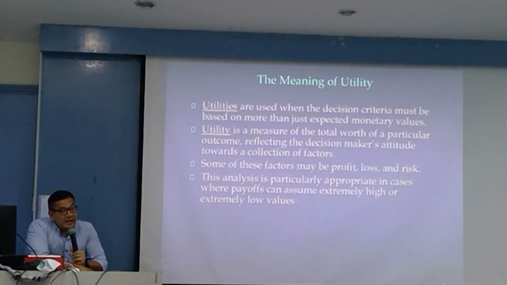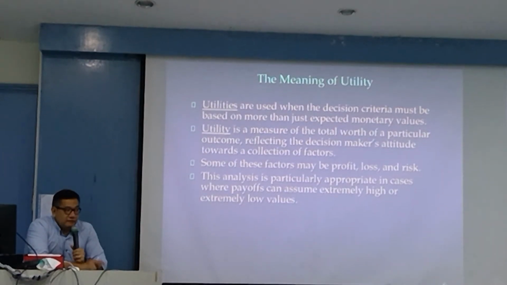It shows the attitude toward risk, toward the value of the money, for each person. So it's useful when you make decisions about profit, loss, and risk, and you have payoffs that are extremely high or extremely low.